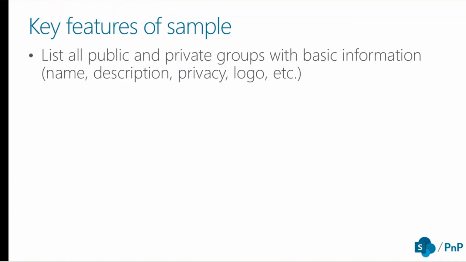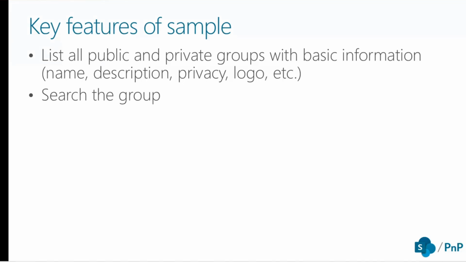The key features of this sample: we can list all public as well as private groups with some basic information like name, description, logo, and the privacy, of course, public or private. We can search for groups; if you have multiple groups created in your organization, you can quickly search and go to the group.